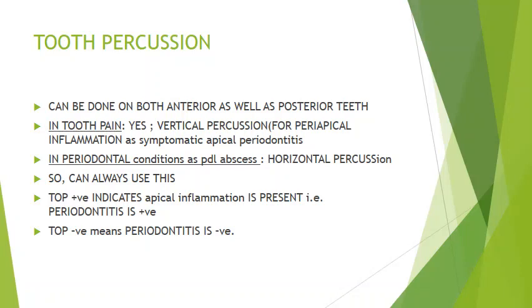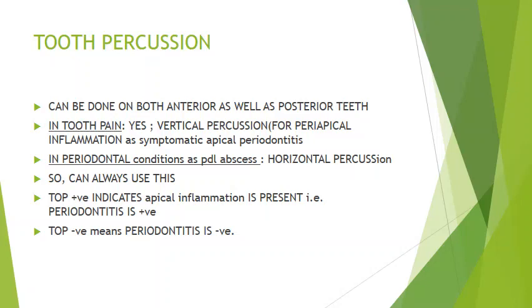Tooth percussion. Tooth percussion is used to ascertain an inflammatory condition in the apical periodontium of the tooth. So it shows the inflammation in the periodontal ligament, not the vitality of the tooth. Just remember this thing, it does not tell us about the vitality of the tooth, but it tells us about the inflammation in the PDL.